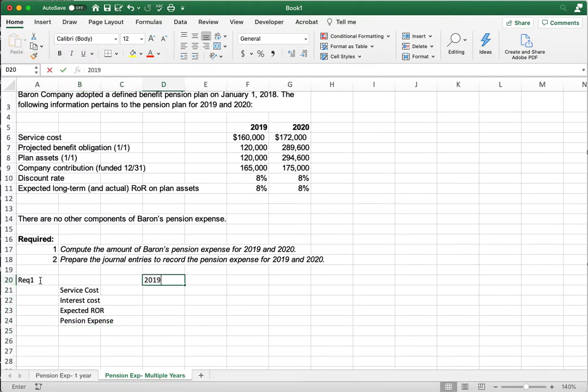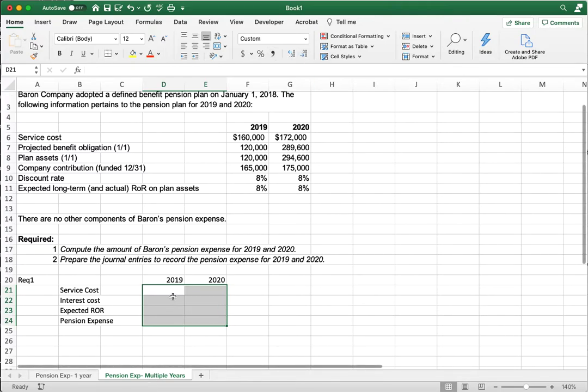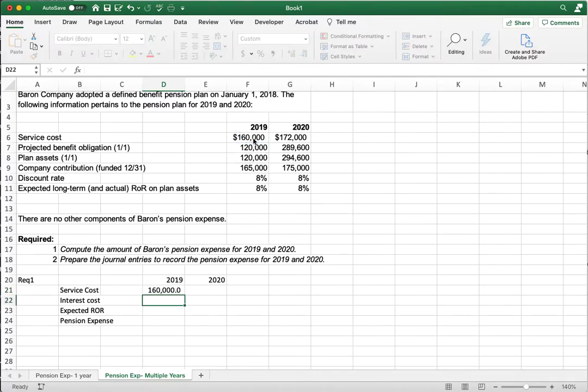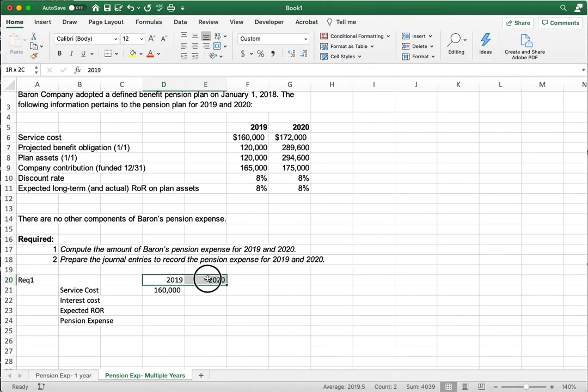And so we can just do 2019 and 2020 side by side here. And so for 2019, we have service cost of $160, and oops, I wanted no decimals here.